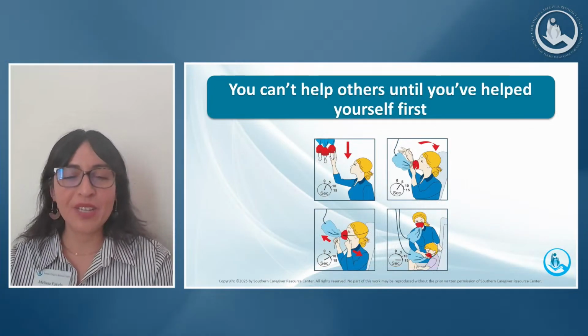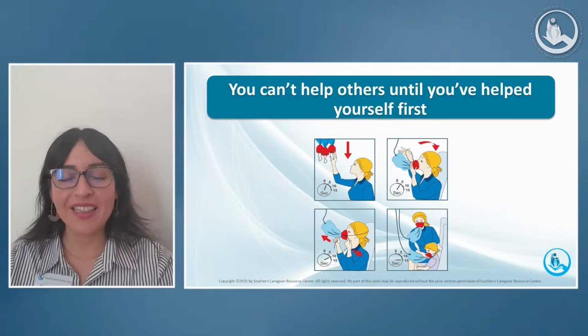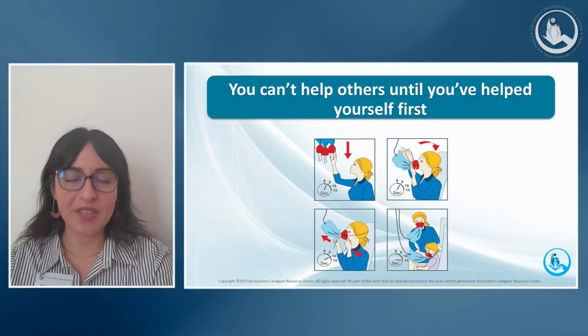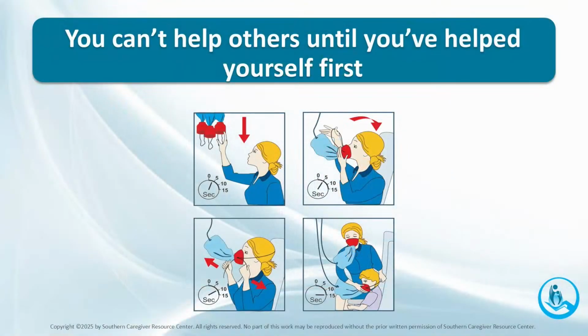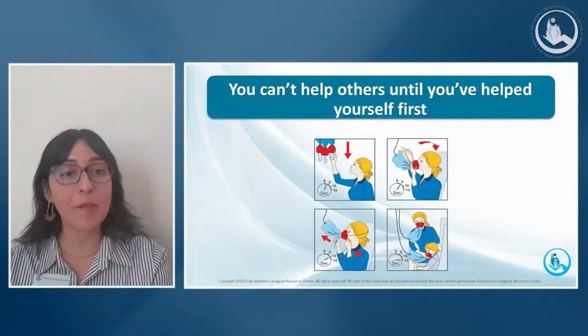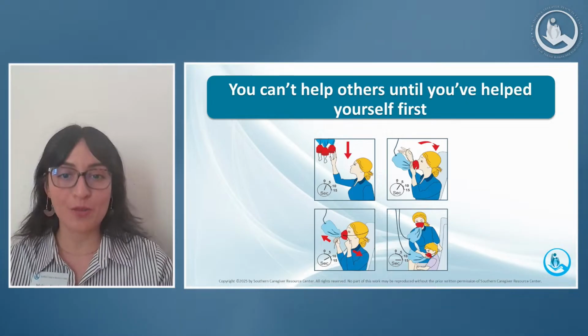And here, I really want to highlight the importance of caregivers taking care of themselves, because you can't help others until you've helped yourself first. And that's kind of what they tell us when we're on a plane, right? When we're about to take off, they are telling us, in case of emergency, the oxygen mask is going to drop. If you're traveling with someone who needs assistance, you should put on your oxygen mask first, because if you don't, you might pass out, and then that person who needs your assistance will also pass out, right?